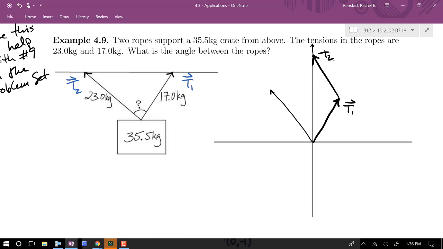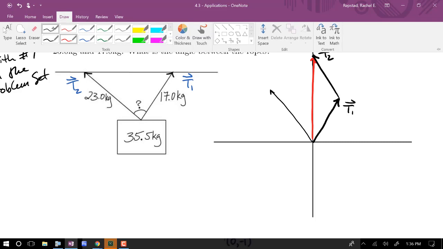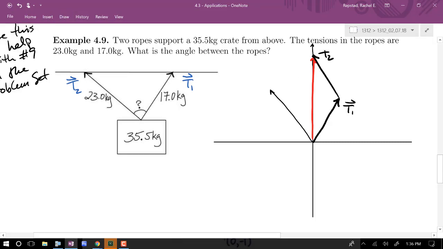Not only that, but the overall upward component of the resultant vector has to completely balance out the 35.5 kilograms downward. So I know that the overall upward y component of the resultant is 35.5. These vectors added together just have to equal the vector that's 35.5 kilograms straight up.